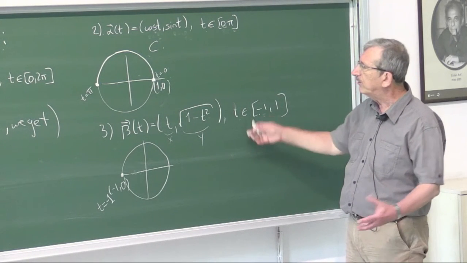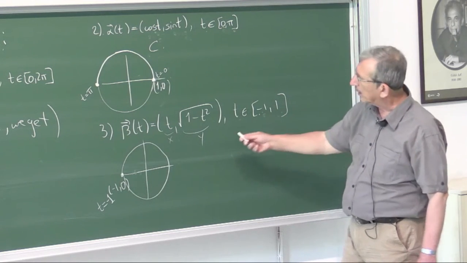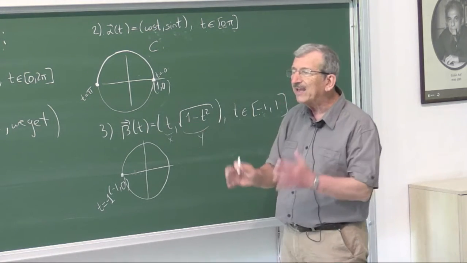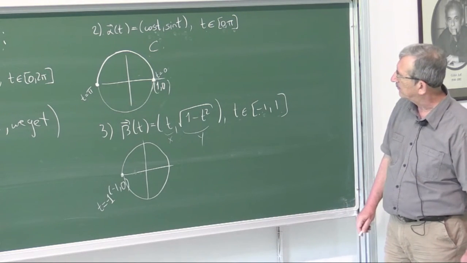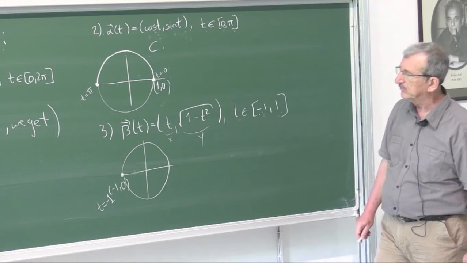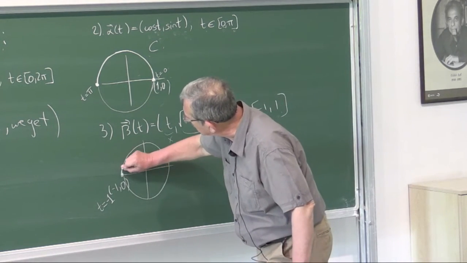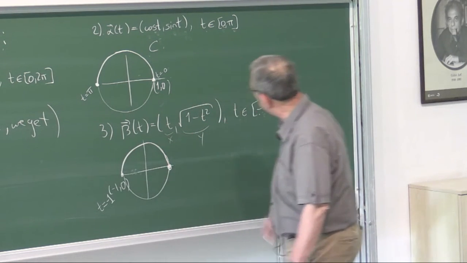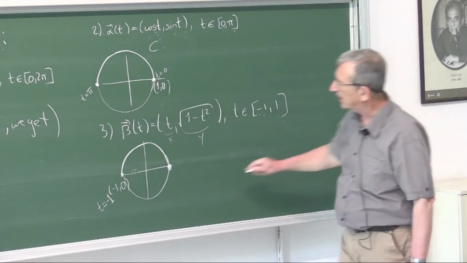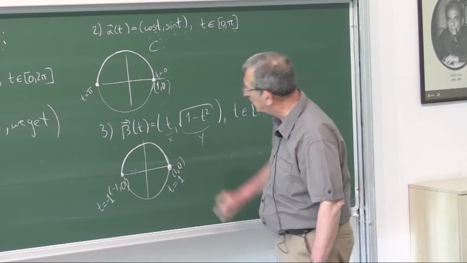Clearly, when t increases from minus 1 towards 0, the first component in length decreases, but the second one increases. So y increases, x decreases. We are moving in this fashion, and we stop when t is equal to 1 at the point 1, 0, which corresponds to t is 1.